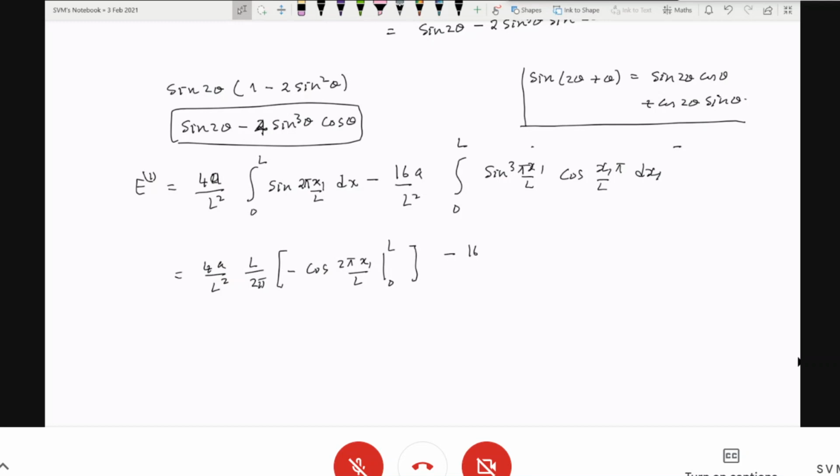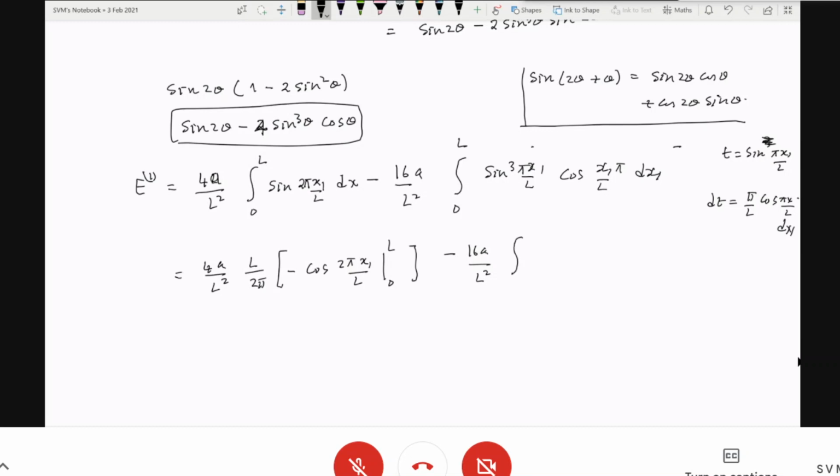So here 16A by L square. You can write t is equal to sine pi x1 by L and dt is equal to pi by L cos pi x1 by L dx1.